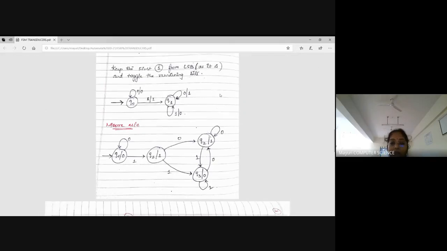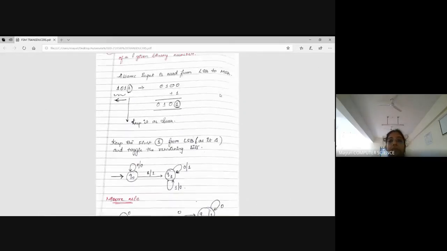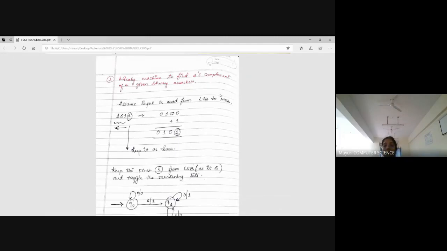Just listen, this is the last question which you have. One's complement we have seen, right? We didn't come across the two's complement. When I try to do that, I think all of you are familiar with two's complement. First, we have to convert that into one's complement, then add 1 to the LSB.